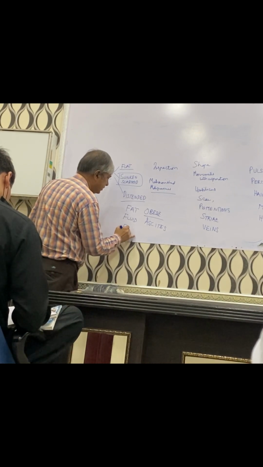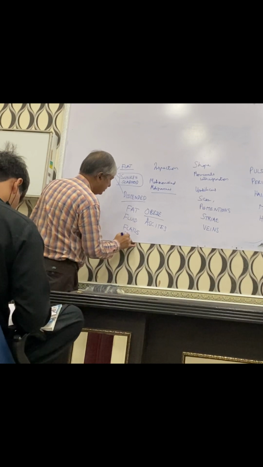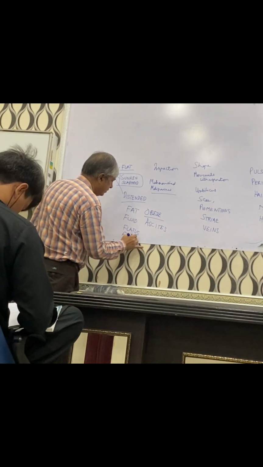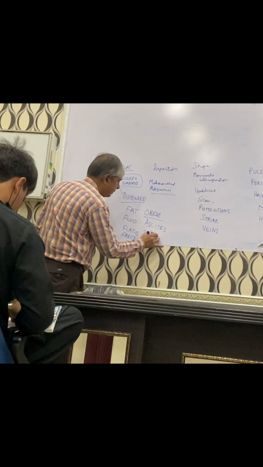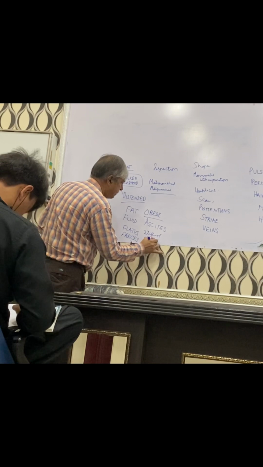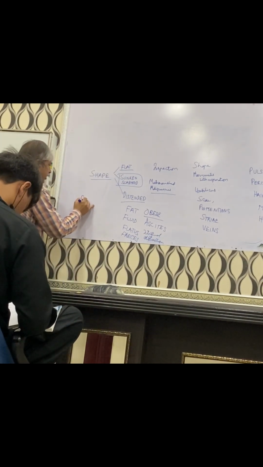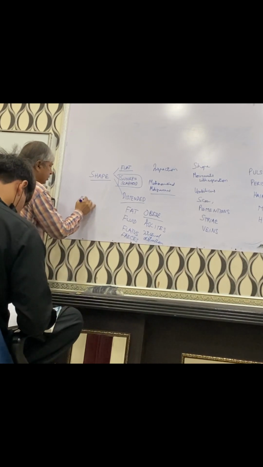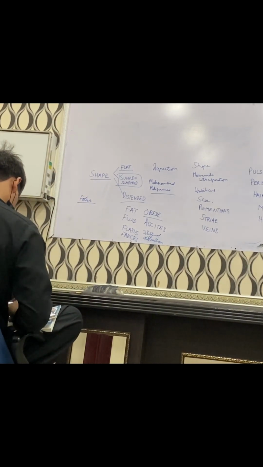Flatus or feces. This means patient has got intestinal obstruction. Or if the patient is female, it could be fetus. Patient may be pregnant, so it should be fetus, right?